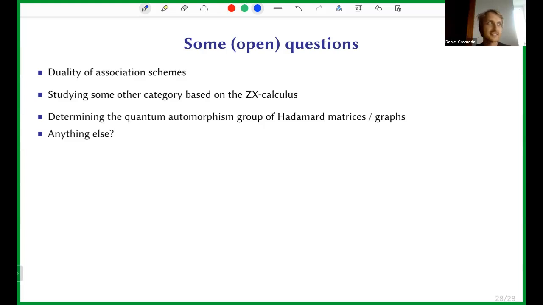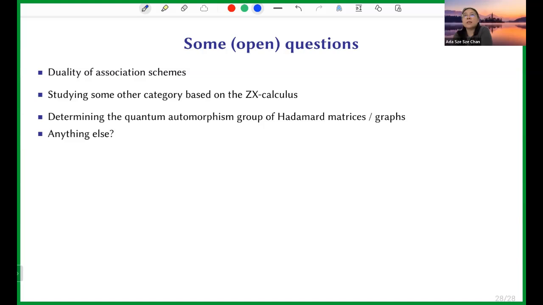So I realized that it somehow describes Hadamard matrices in some way. And actually it turned out that it exactly describes the symmetries of Hadamard matrices. So that's what I did. I didn't want to study them beforehand, they just appeared there.